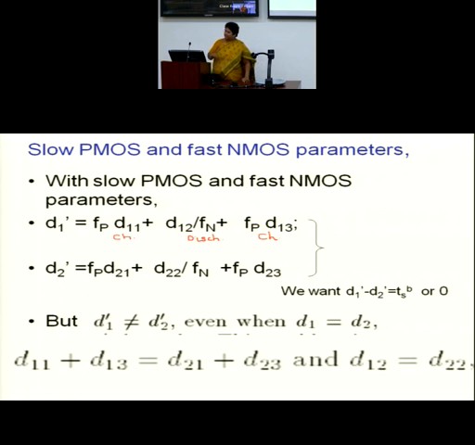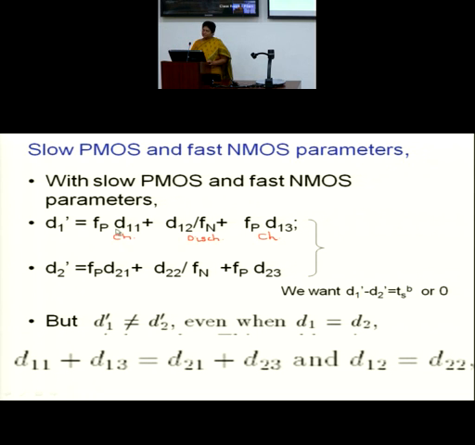If it is to be the same, that means the individual terms have to be the same. The pull-up delay in my modified delay expression should be the same as the pull-up delay in my nominal delay expression, and the pull-down delay here is the same as the pull-down delay in my nominal delay expression.